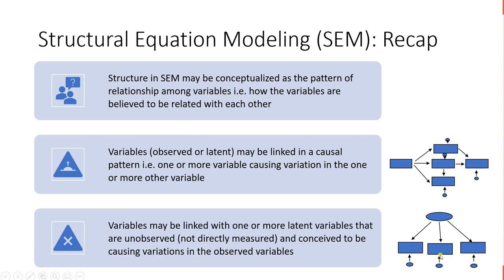These are three indicators, and it is assumed that intelligence, this factor, this unobserved variable, is bringing variations in these observed variables. So this pattern of relationship is again a structure, but this structure is called a measurement structure or measurement model.